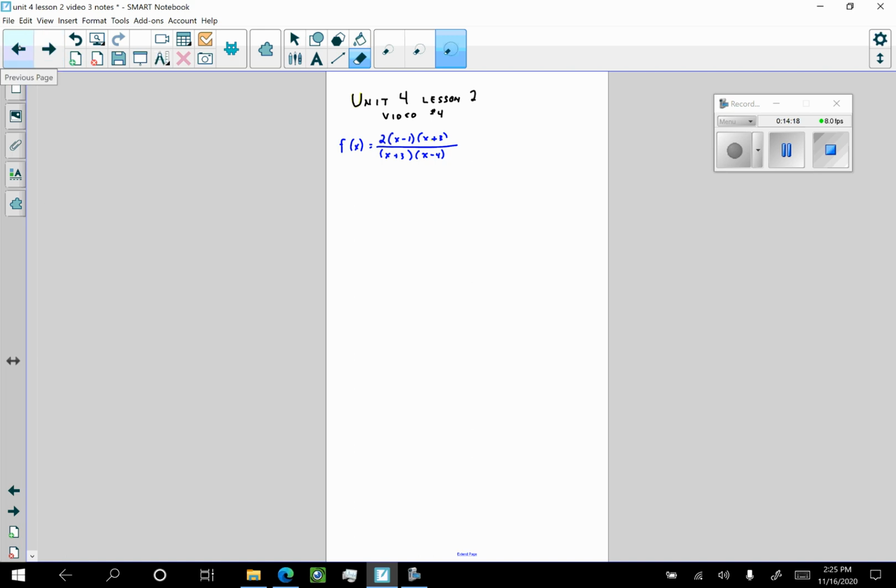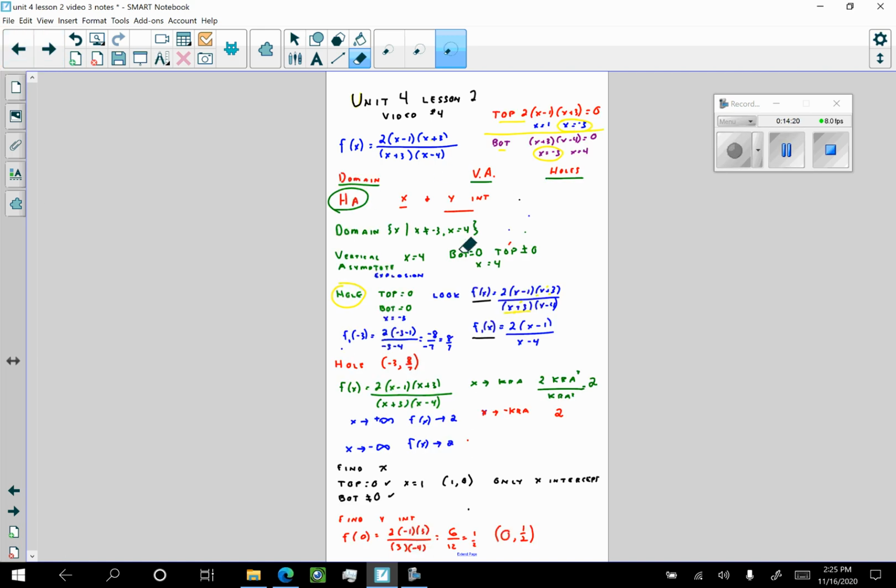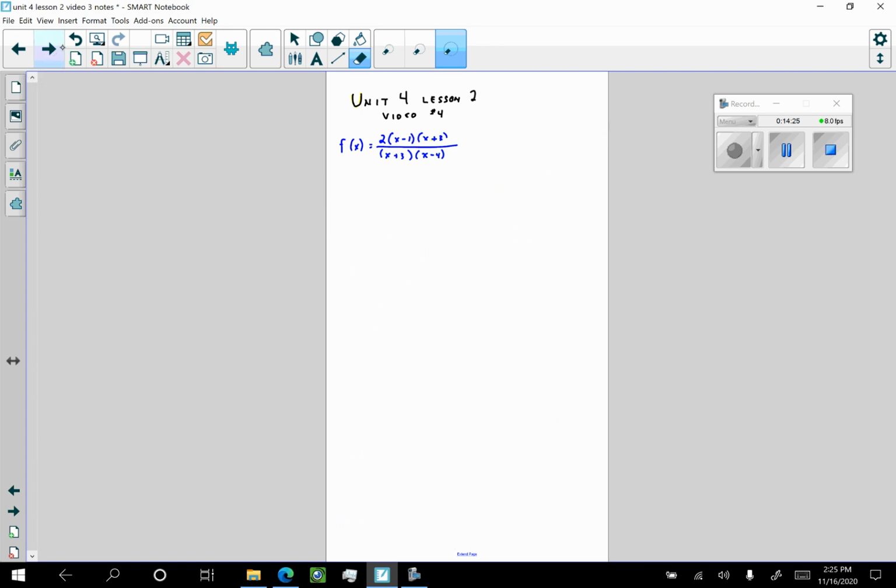Okay, what do we know? The domain, x does not equal 3, x does not equal 4. That's what the domain is. This guy had a vertical asymptote at x equals 4. It had a hole. What was that hole?